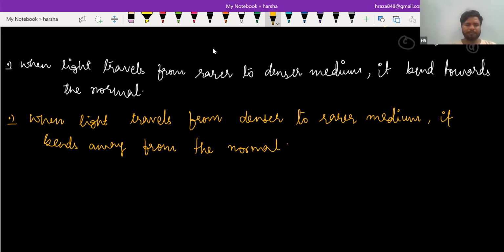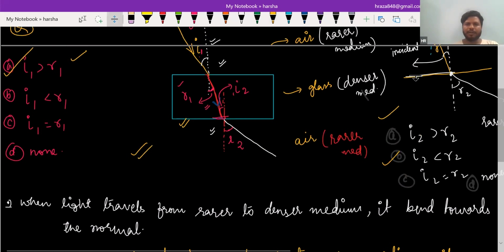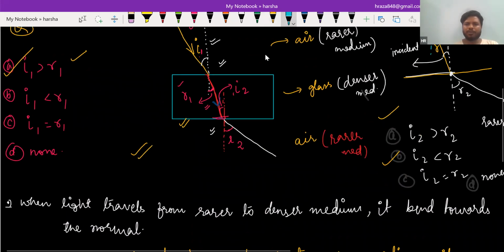Now see, we have a term that is lateral displacement. What is lateral displacement? So basically, you can see the light was traveling on this path, but due to refraction, it goes on this path.